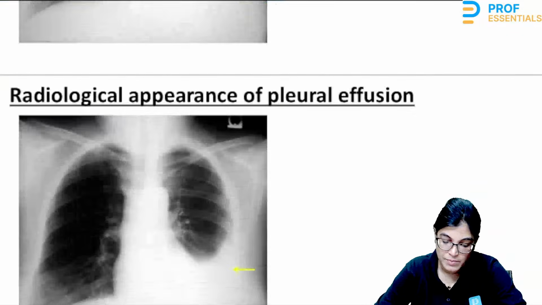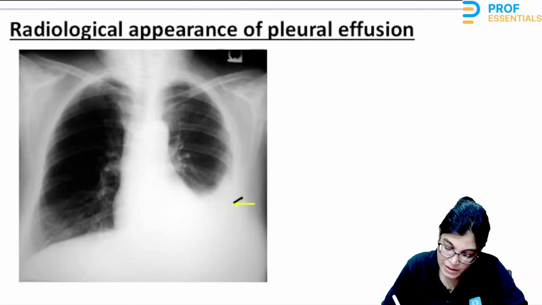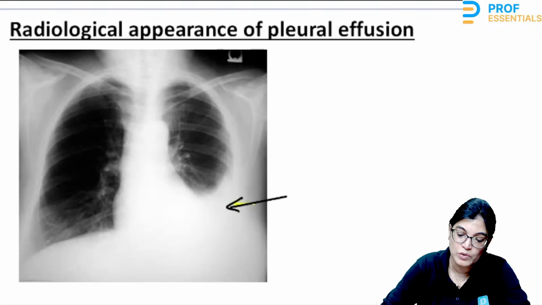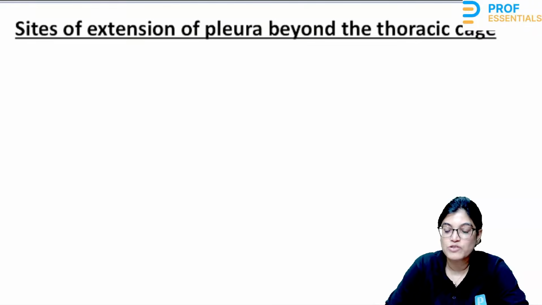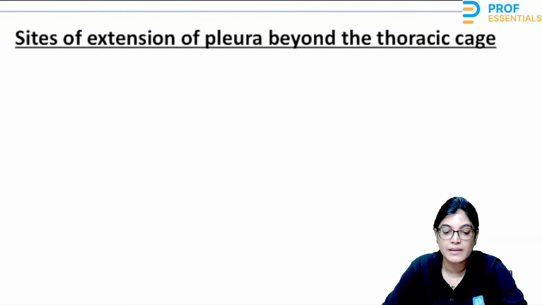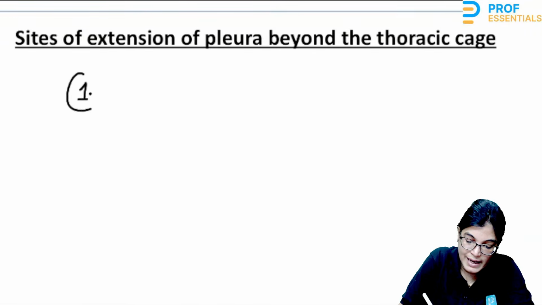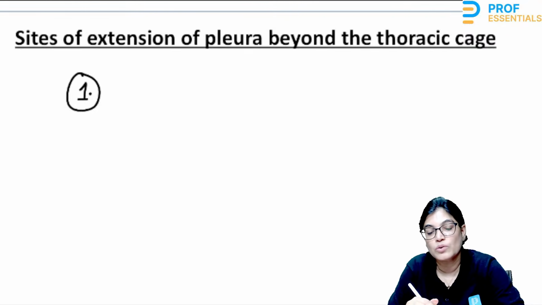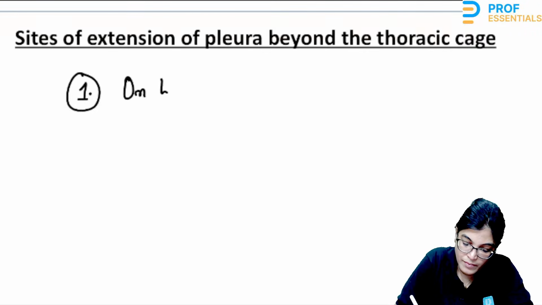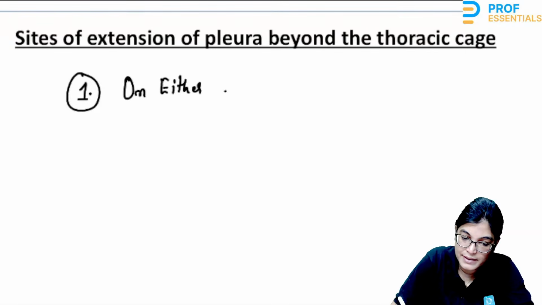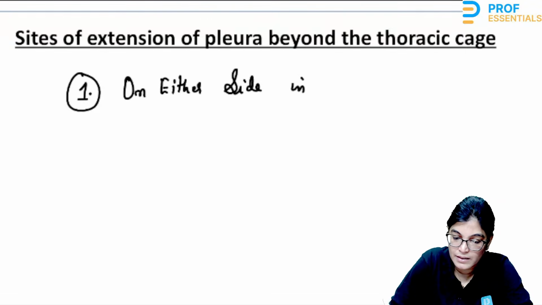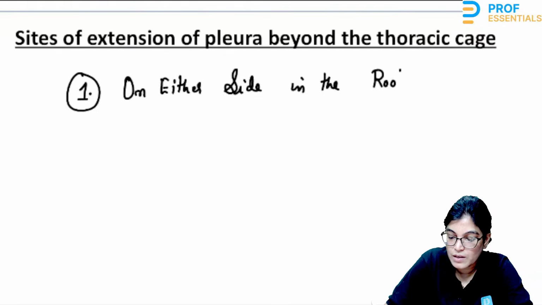And the site of expansion is also important; you should know the site of expansion of these pleural effusions. The site of expansion of the pleural effusions can be on the following sites. It can be on either side towards the root of lung, either side in the root of neck.